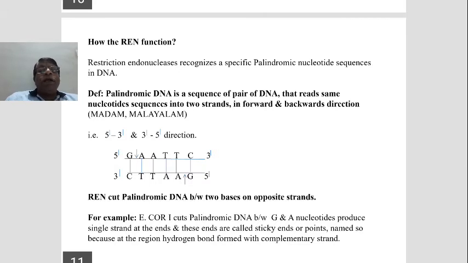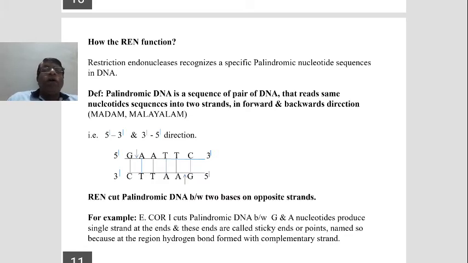Palindromic DNA is a type of DNA sequence that reads the same nucleotide sequence in the two strands in forward and backward direction.